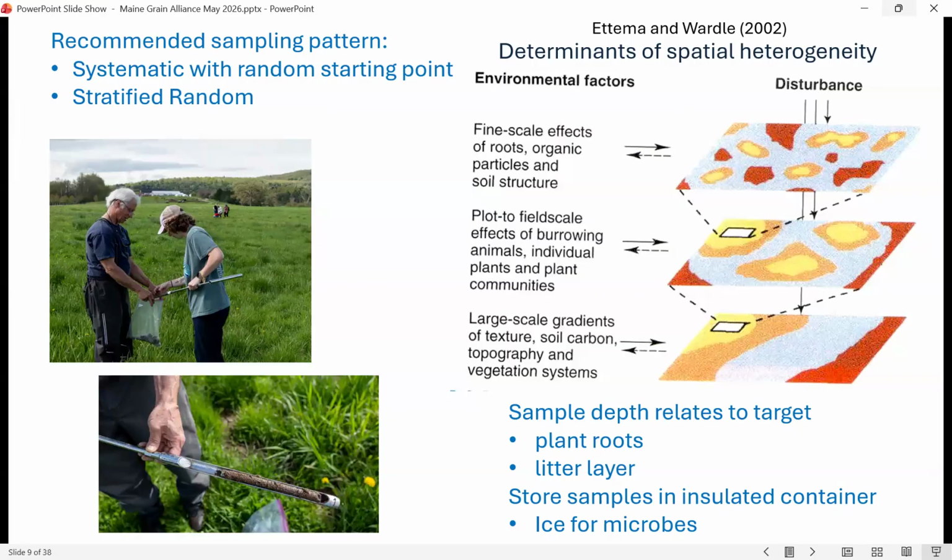At the very least, it's nice to have some kind of container, like a thermos or ice chest, just to have an insulated container that you can put these samples in. If I'm looking at bacteria and fungi, I'll put in some ice. But if I'm looking at nematodes or microarthropods, I just skip the ice because sometimes ice can be damaging to them. But the idea with insulated is you want to keep the temperature similar to what it is out in the field and not let it get to the extremes in temperature.